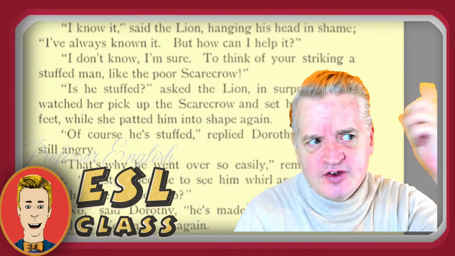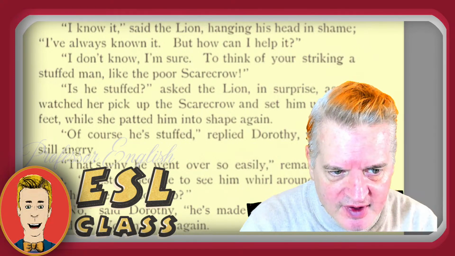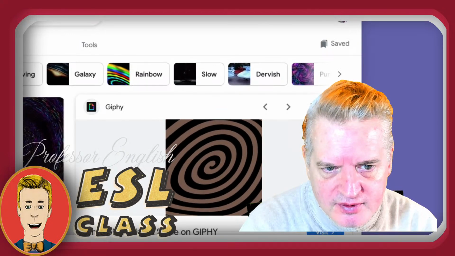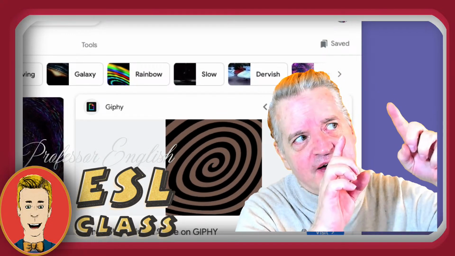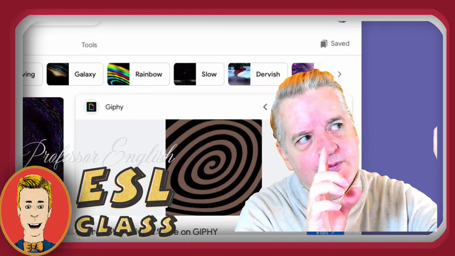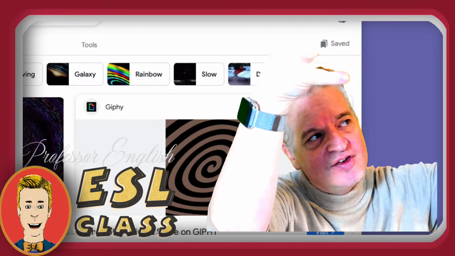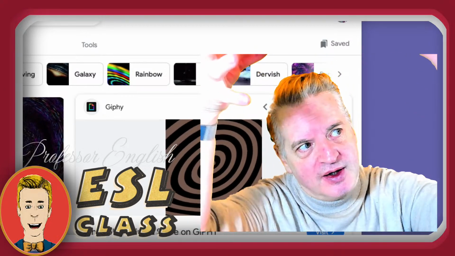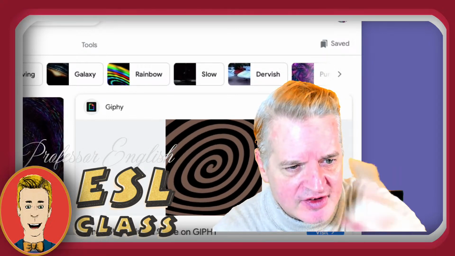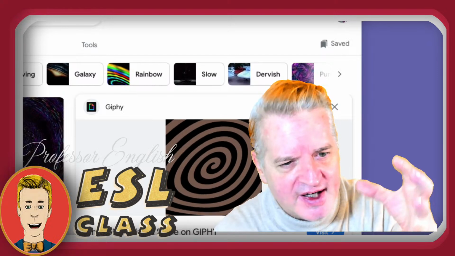So spinning just means moving in a circle. That's all I think of when I think of the word spinning. But when I think of the word whirling, I think of something more like this. It's going from big to small, if it's three dimensions, maybe big to small, something like that. So it's not just moving in a circle, but also getting big and small.